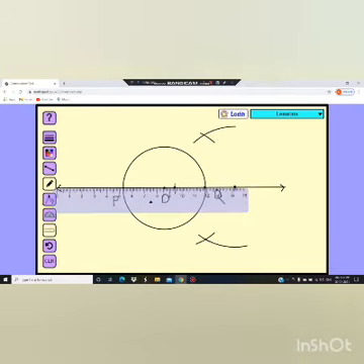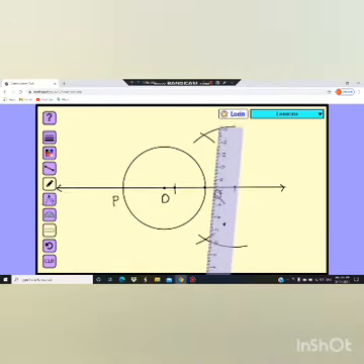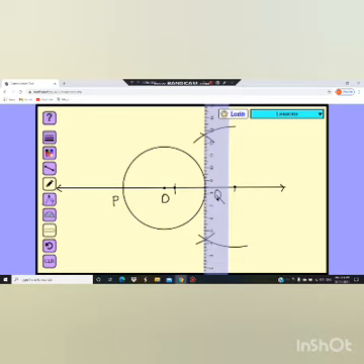Okay, now take a scale and pass a line through this intersecting arc through the point Q and the downward intersecting arc and put the arrow.